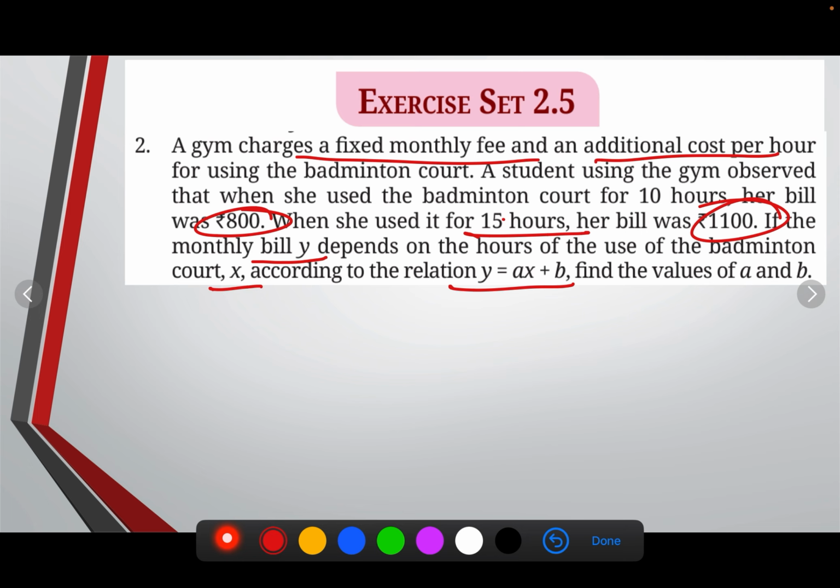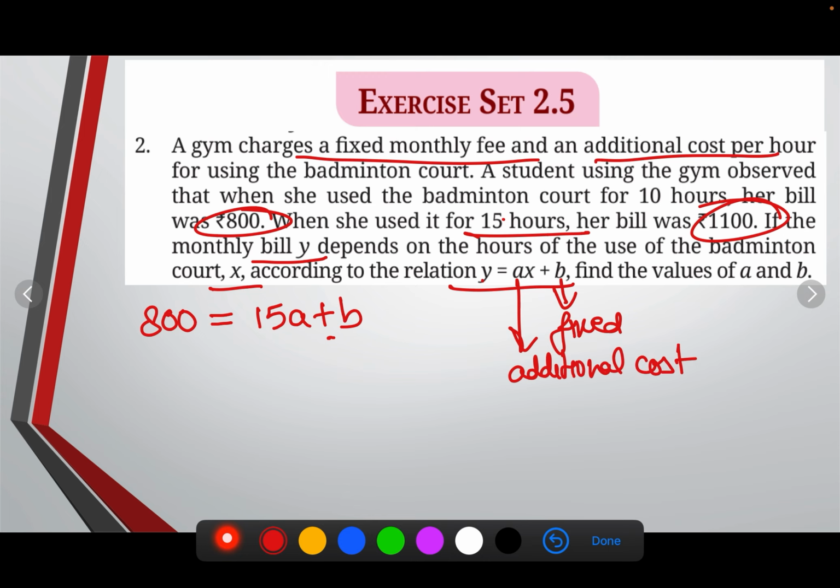So what is happening? The bill is y. So situation 1, where the bill is 800, the gym is used for 10 hours. I do not know the fixed charge. Here B represents the fixed charge and A represents the additional charge, right?